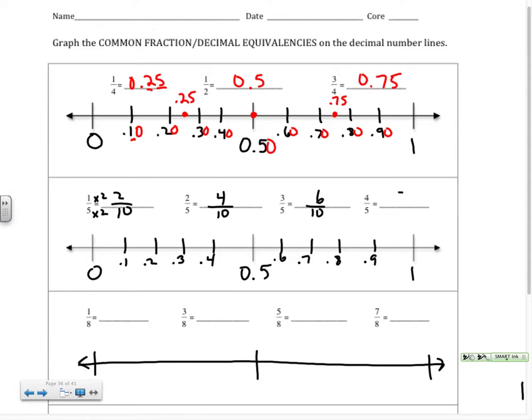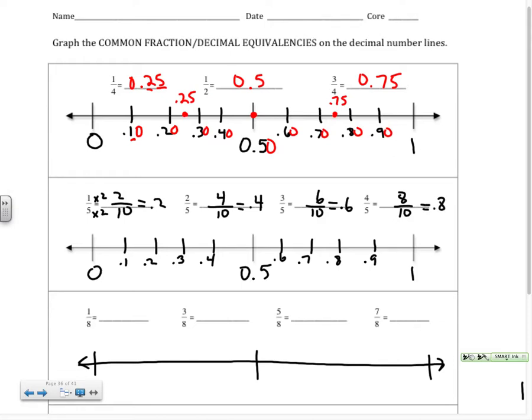And 4/5 is 8/10. All right. Now that I have them in the tenths spot, I can go ahead and rewrite them as decimals. So 2/10 is 0.2. 2/5 is 0.4. 3/5 is 0.6, and 4/5 is 0.8.